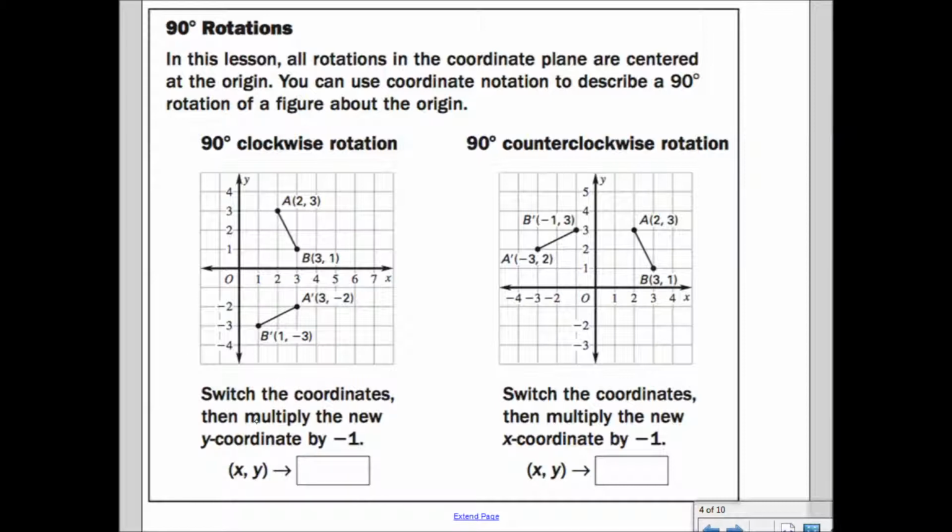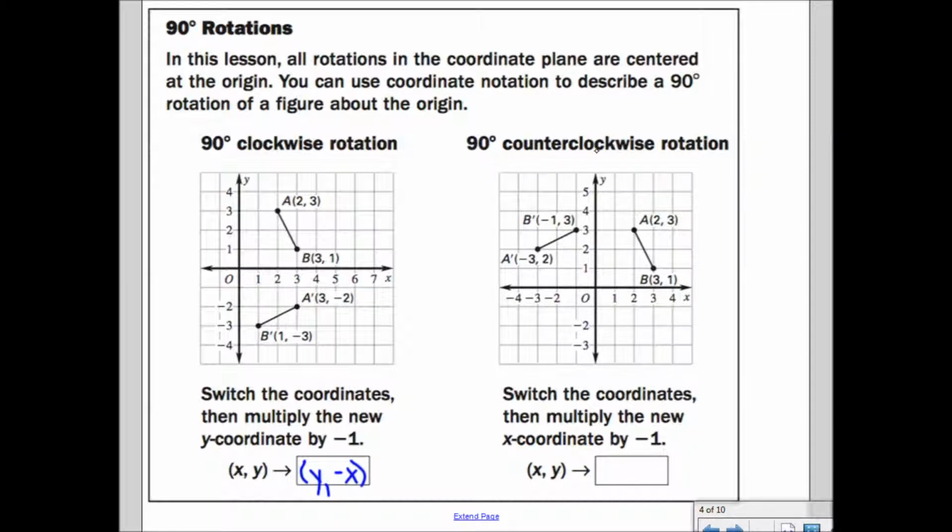Switch the coordinates, then multiply the new y coordinate by -1. So if we have x and y, we switch the coordinates and make the new y coordinate a negative. So we would have y here, and then the second one becomes negative, and it was originally x.